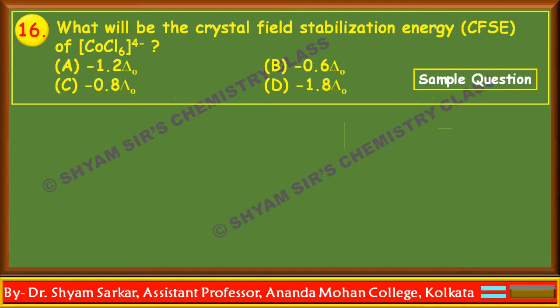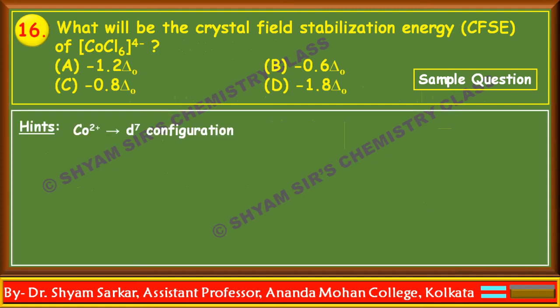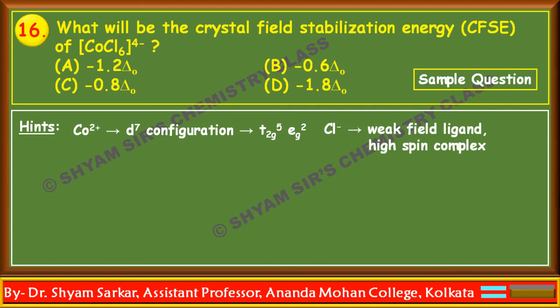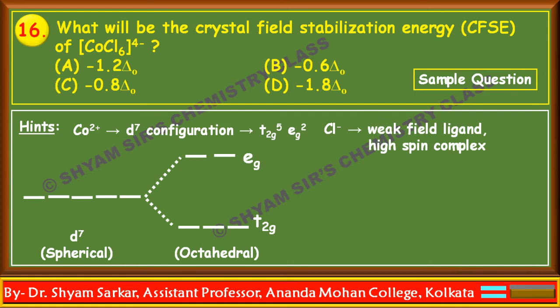See, CoCl6 4 minus, that means cobalt is in +2 oxidation state and D7 electronic configuration. So you can write down here t2g5 eg2, because Cl minus is a weak field ligand and the complex will be high spin. So high spin means t2g5 eg2. Now calculate CFSE.